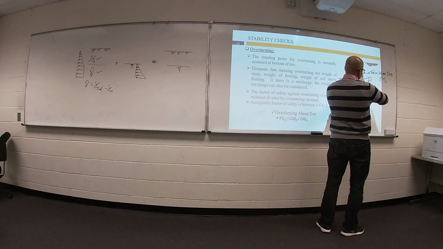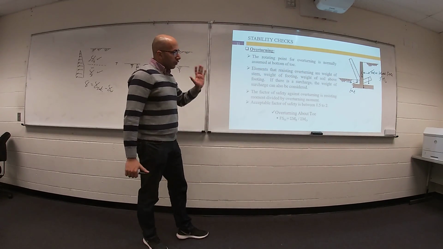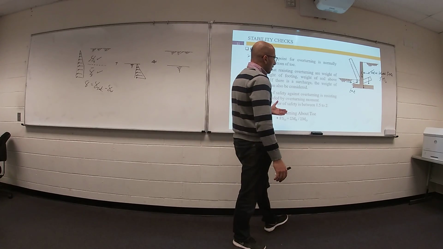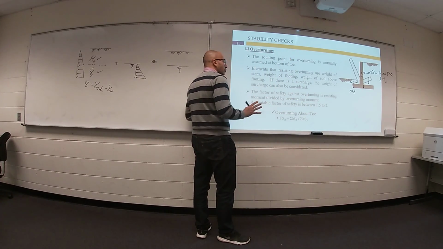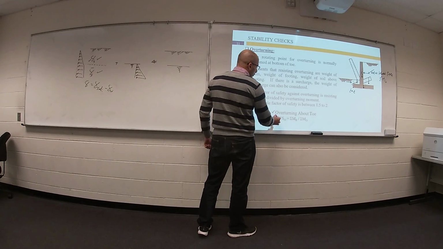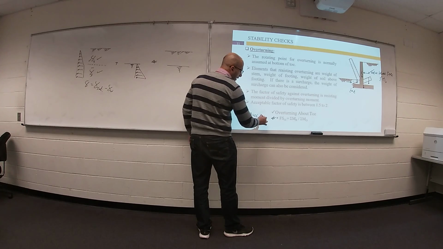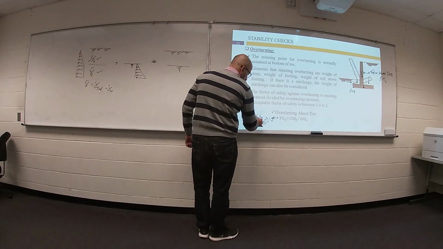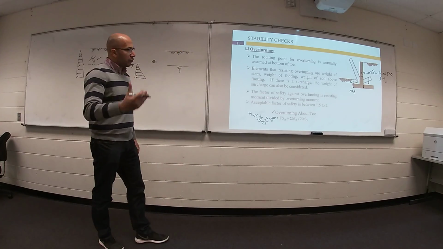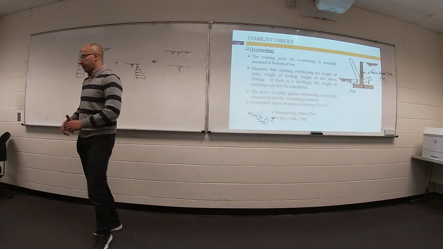Any other force will resist this overturning. We are looking for a factor of safety between 1.5 and 2. In any situation, your factor of safety must be greater than 1 to be safe. To be comfortable, we need this number to be between 1.5 and 2.